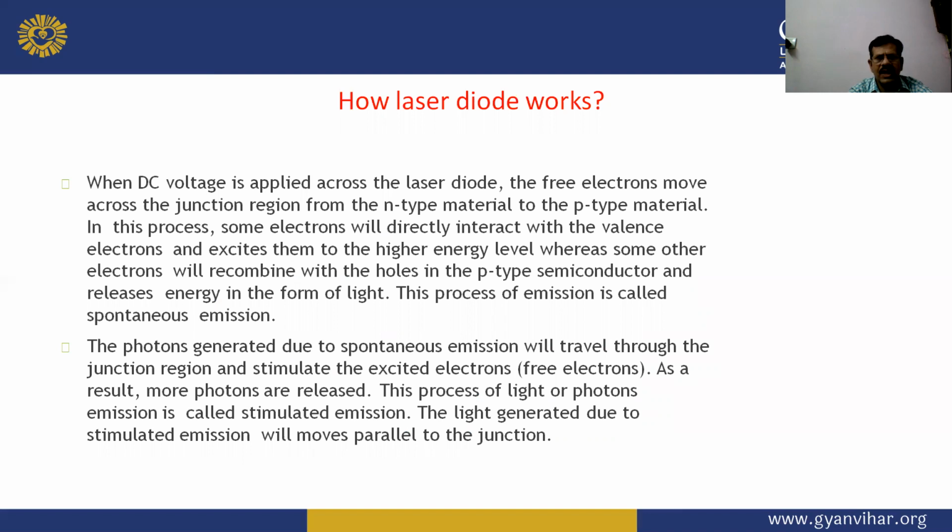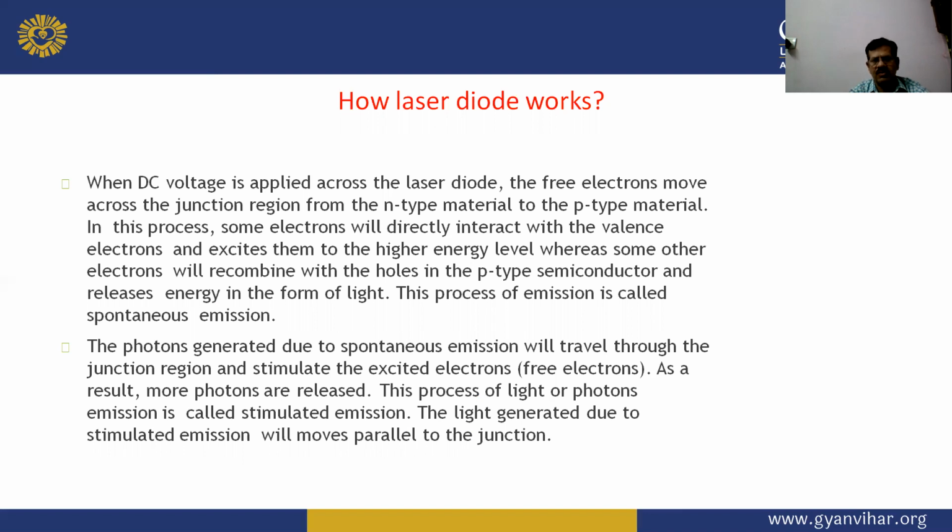Now, how does a laser diode work? When DC voltage is applied across the laser diode, the free electrons move across the junction region from the N-type material to the P-type material. In this process, some electrons will directly interact with the valence electrons and excite them to the higher energy level, whereas some other electrons will recombine with the holes in the P-type semiconductor and release energy in the form of light.